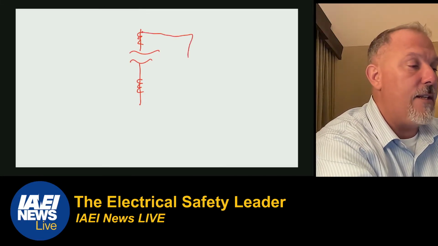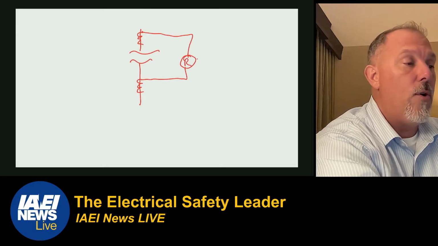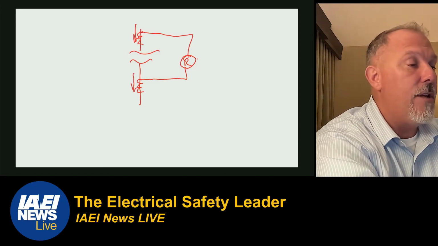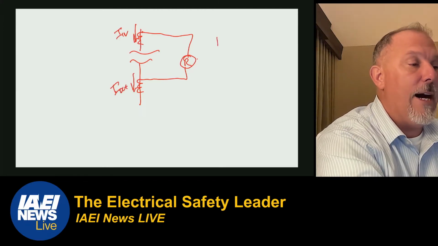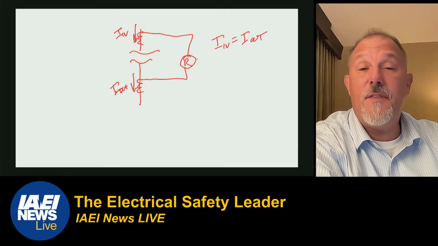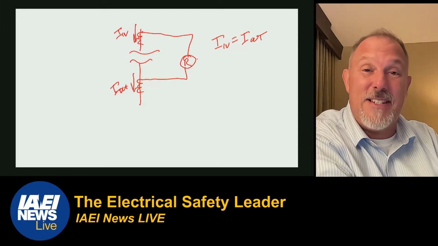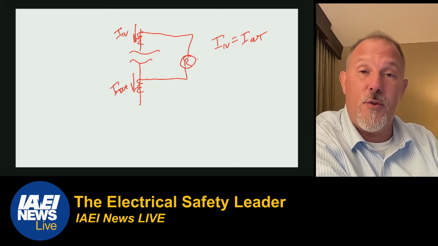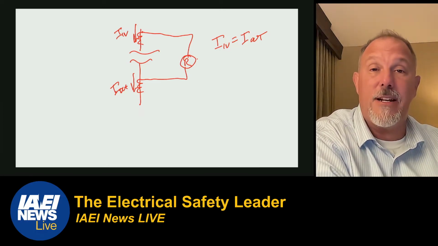Off of those CTs, you'll come into a relay, and that relay will look at the amount of current going in and the amount of current going out, and we'll say this is I in and this is I out. I in has to equal I out. And if they don't, that means current is going somewhere else. And there's not many places for current to go in between these two current transformers. This is differential protection. For very large transformers, we'll employ technologies like this.